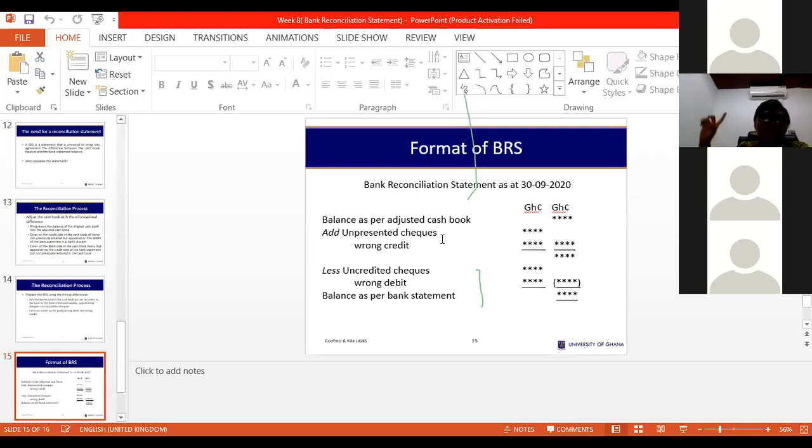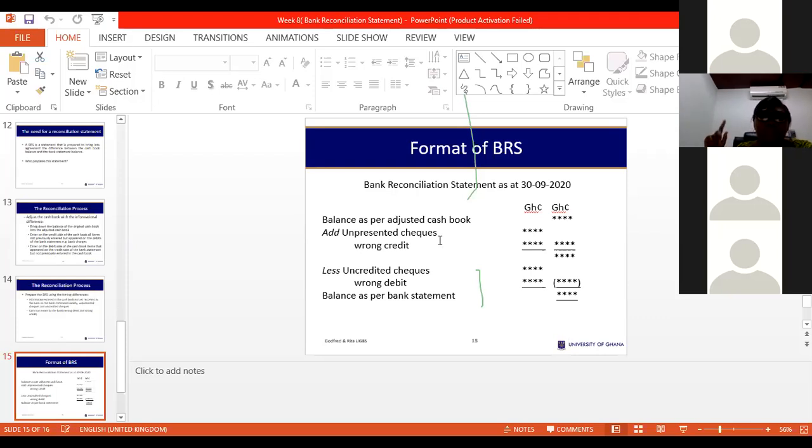So if that check we have given to the supplier has not reflected on our bank statement, then we must also add it back to our cash book. When we issued it out to the supplier, we credited our cash book, so we reduced our cash book. Now, because it has not been sent to the bank to reduce our bank balance, we have to assume that that check has not gone through the books. That is why we add it back. Okay, we add it back.